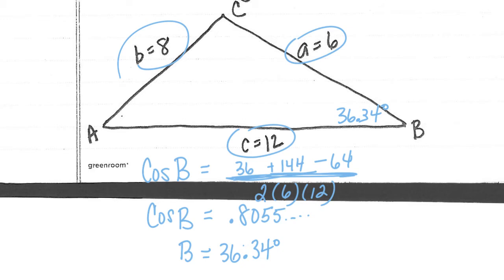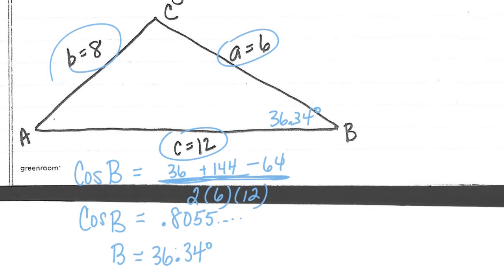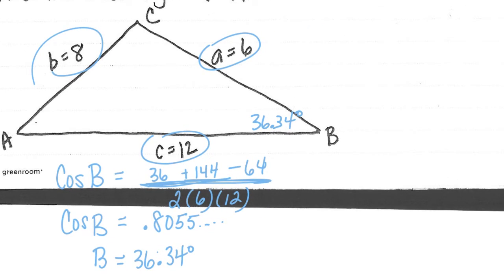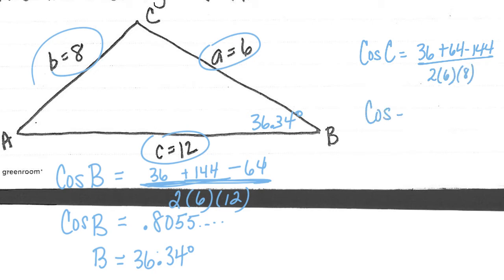So I believe I solved for the cosine of C. I will do that over here. The cosine of C is equal to 36 plus 64 minus 144 all over 2 times 6 times 8. Plug that into your calculator, and you get negative 0.4583.